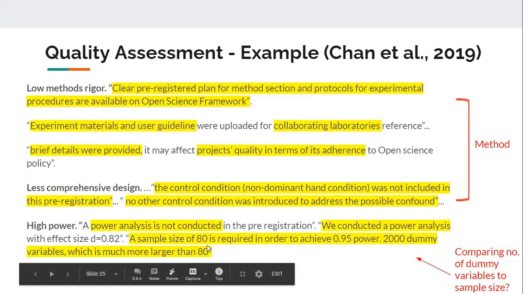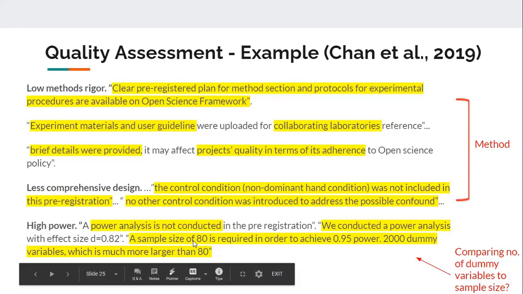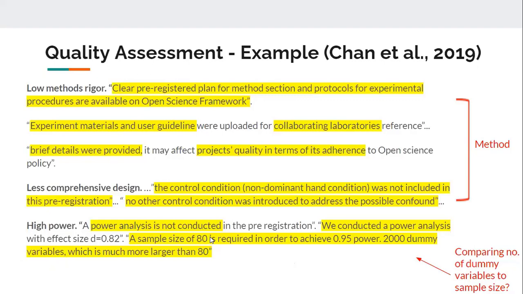Dummy variables means 0 or 1 to indicate the absence or presence of some categorical thing, such as 1 if you're married, 0 if not married. This is different from sample size. Sample size is related to power analysis, but the number of dummy variables is not quite relevant here. So we'll discuss more about power analysis and how to calculate statistical power and number of participants required to get a certain effect in the later tutorials.